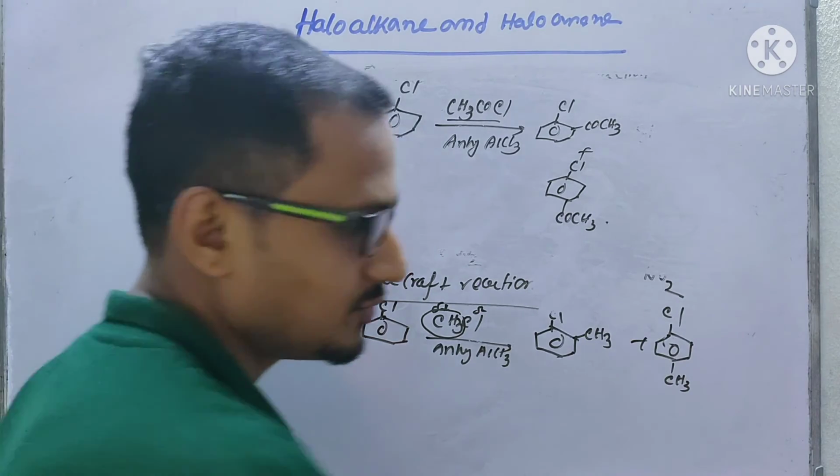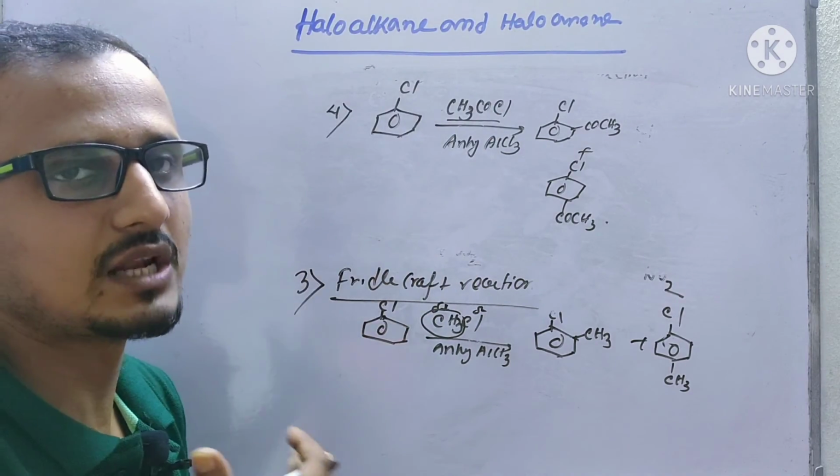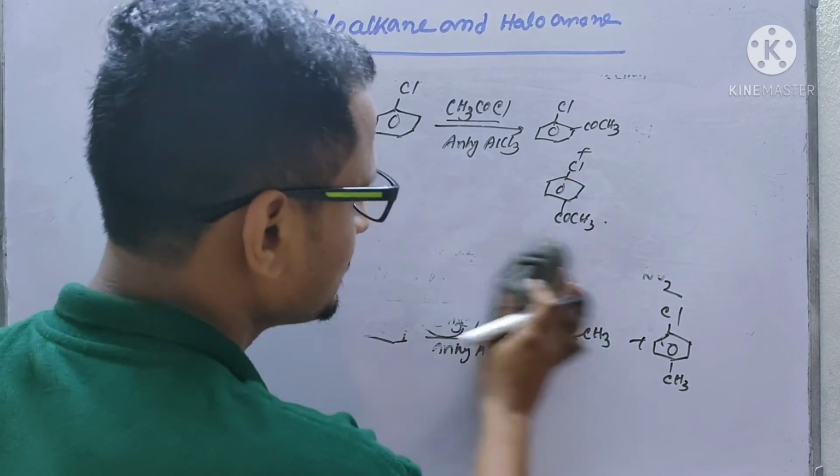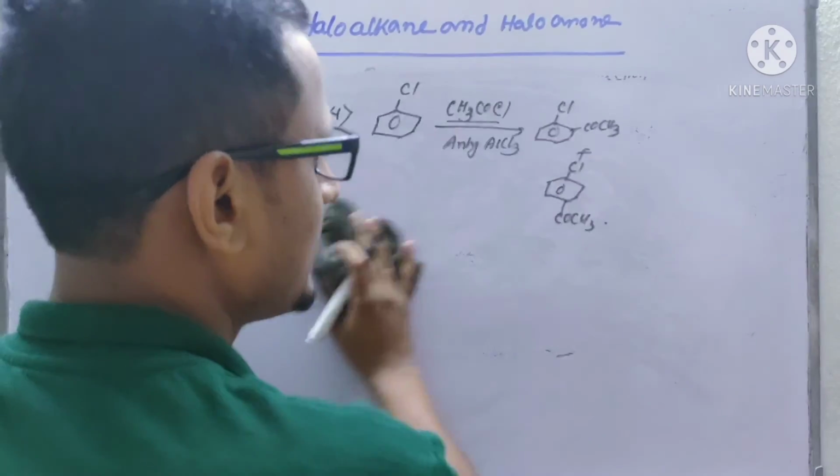Okay, same way we can do the sulfonation. We can do the sulfonation of haloarene. Sulfonation is done only by sulfuric acid, you know, so that SO3H group will be substituted in ortho and para position.